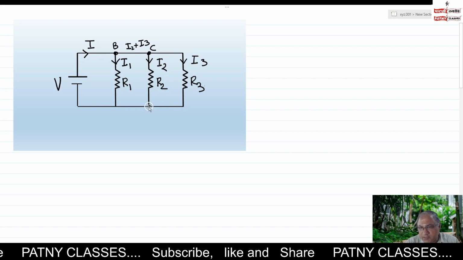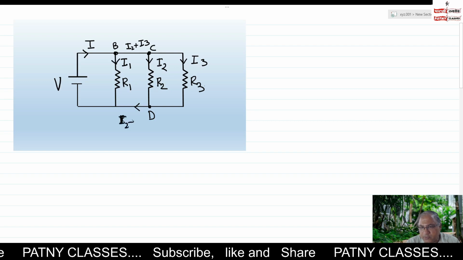When these currents I2 and I3 meet again at D, the current coming out of junction D is I2 plus I3. I2 plus I3 will come back to junction E. Now at the junction, the three currents meet again, I1 plus I2 plus I3.